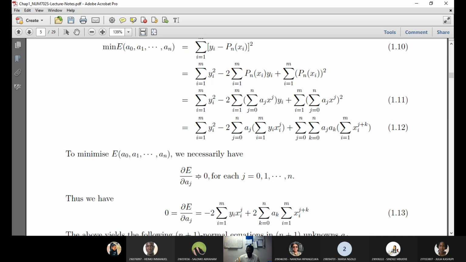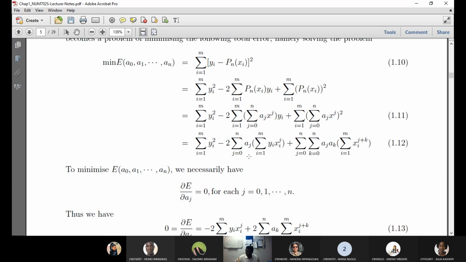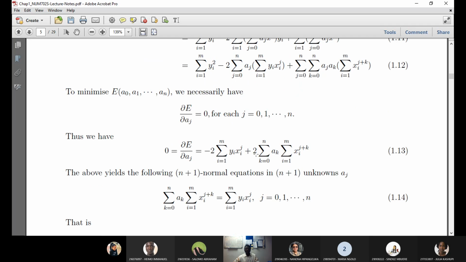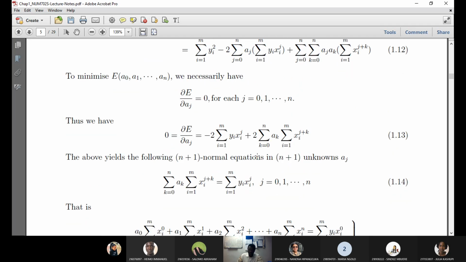Now, for you to be able to differentiate this properly, you need to look at this expression and differentiate with respect to a sub j. Please, this is a homework. I encourage you to obtain exactly the same expression. Make sure that you are able to differentiate this expression with respect to an arbitrary a sub something. It can be a sub k, something that you fix.